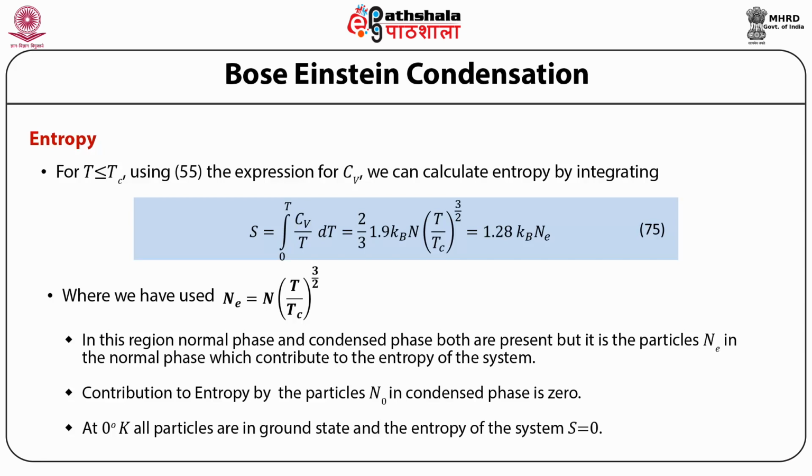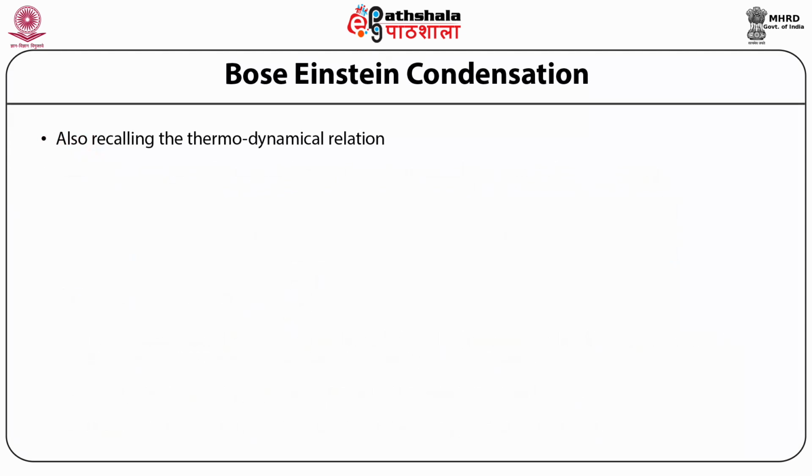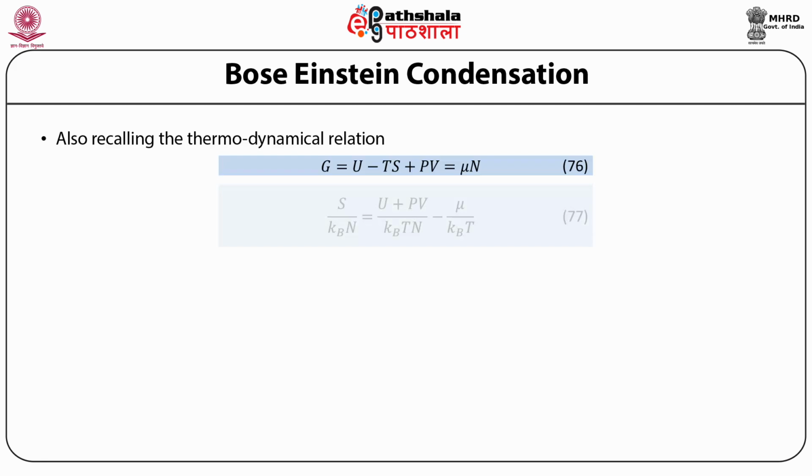Also recalling the thermodynamical relation, free energy is equal to internal energy minus T times entropy plus pressure times volume, which is equal to mu times N. Or S/(kB n) is equal to (U + PV)/(kB T n) minus mu/(kB T).